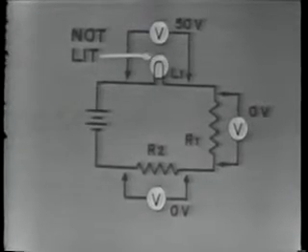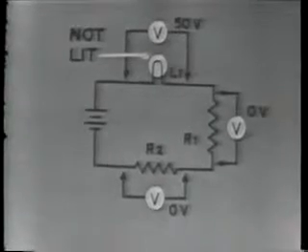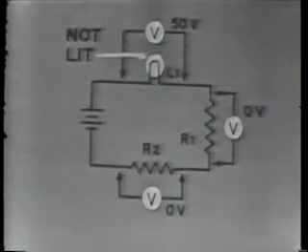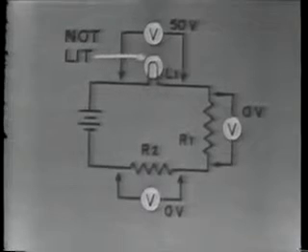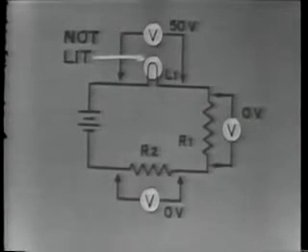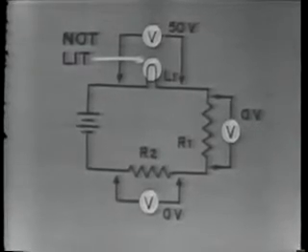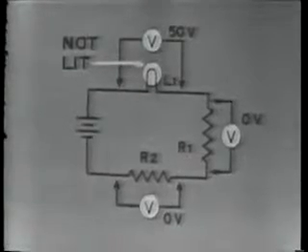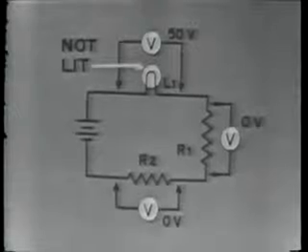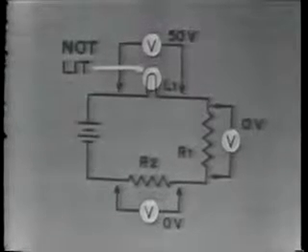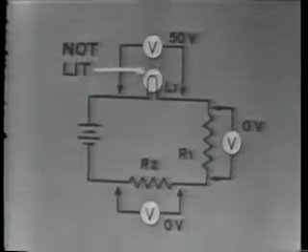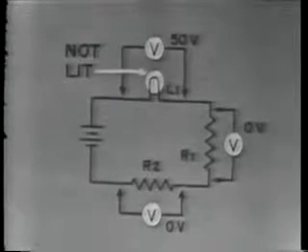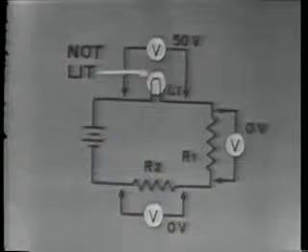Look at this problem circuit for a moment. Here's a circuit that has a lamp with 50 volts across it, but the lamp is not lit. R1 and R2 are connected in series with the lamp, and neither resistor has any voltage across it.